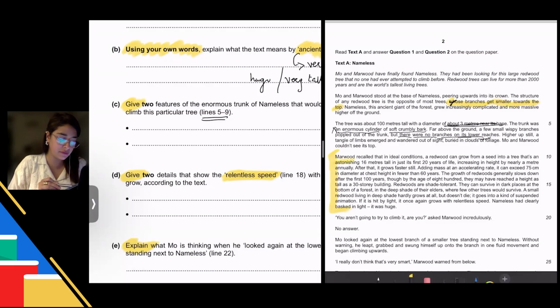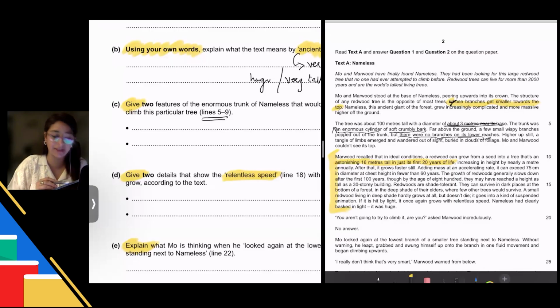So this is a piece of information that I can include in my answer, talking about how within the first 20 years of its life, it has grown so much. This again highlights the speed, increasing in height by nearly a meter annually. After that, it grows faster still. So whatever information they're trying to highlight, the idea of how it continues to grow, that's something we can include within our response.